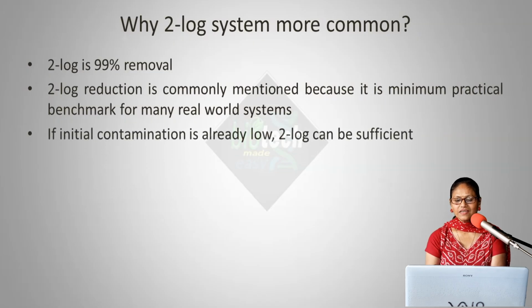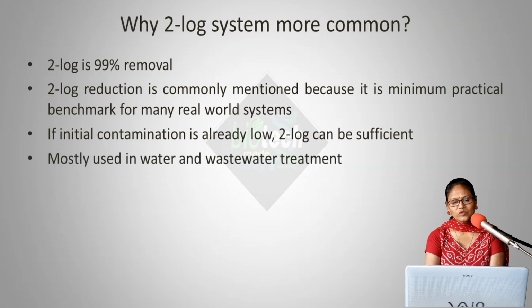And if the initial contamination is already very low, if in the sample very few viruses are there, then 2 log can be quite sufficient. But if the concentration is very high, then it may not be sufficient. It is mostly used in water and wastewater treatment units.